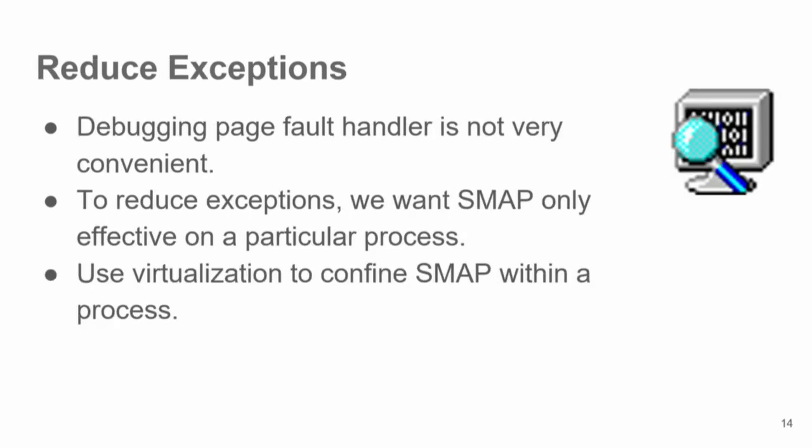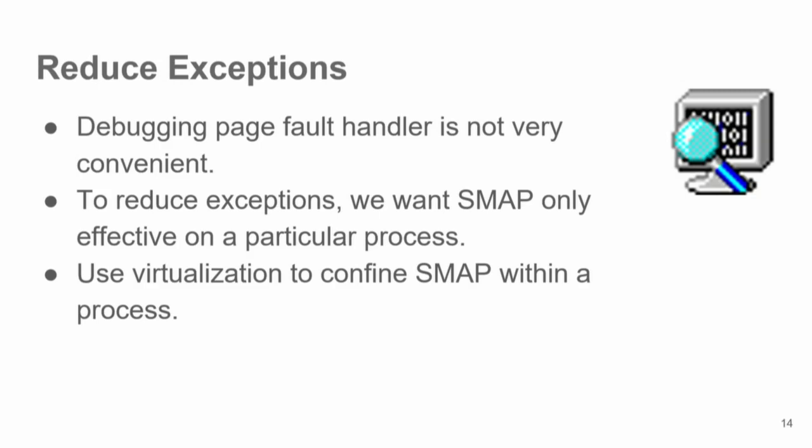What we have is the Windows Debugger. WinDBG is a software debugger. When I use it to debug a low-level system mechanism such as page faults, sometimes it's not very convenient, because the debugger itself may further trigger page faults.